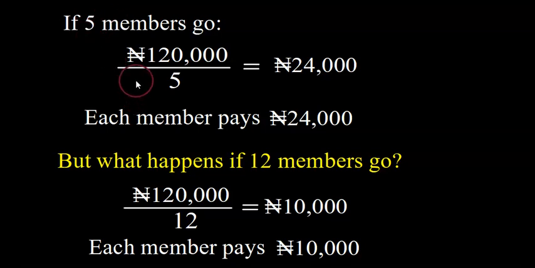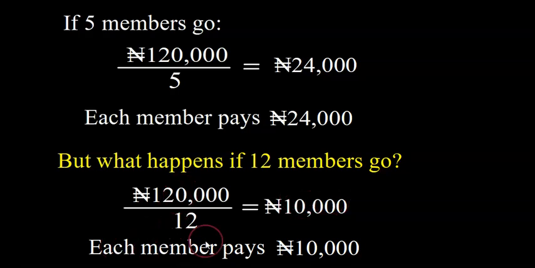Now, let's consider the situation where 5 members go for that trip. We use the expression 120,000 divided by 5, and that gives us 24,000. Each member pays 24,000 to attend the trip. But what happens if 12 members want to go for the trip? The expression becomes 120,000 divided by 12, which gives us 10,000.